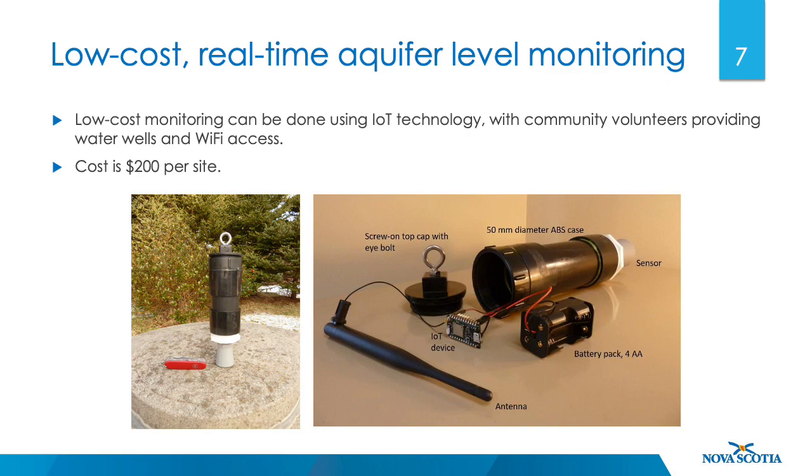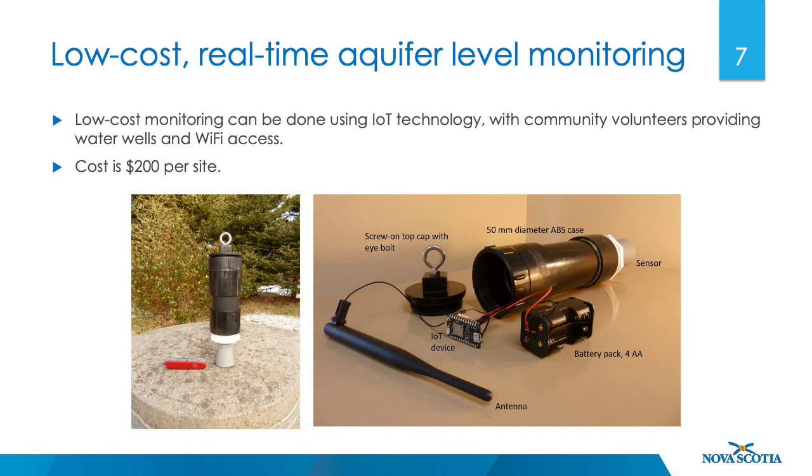Now, it turns out that you can do low-cost groundwater level monitoring if you design and build your own monitoring equipment using Internet of Things or IoT technology, and you partner with community volunteers who provide access to their water wells where we can measure groundwater levels, and access to their Wi-Fi network so we can transmit the data to the internet. And you can do this for a cost of about $200 per site.